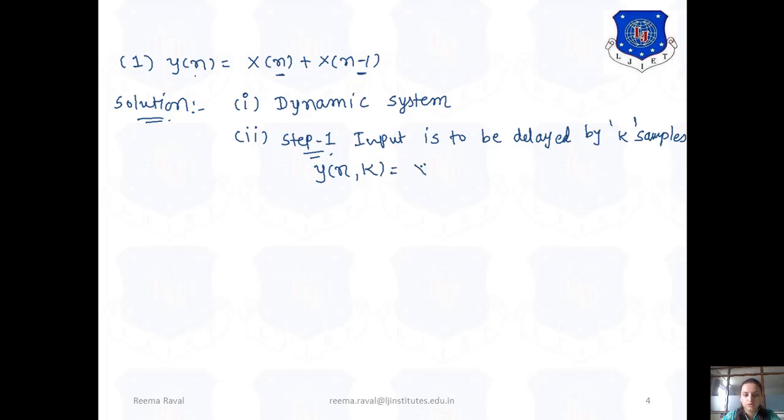The first input is x of n, so it becomes x of n minus k, and the second input is x of n minus 1, so it becomes x of n minus 1 minus k.